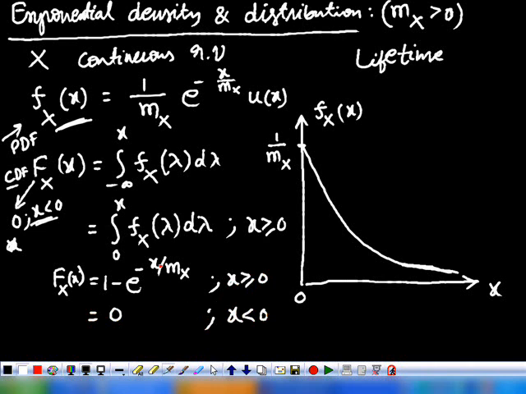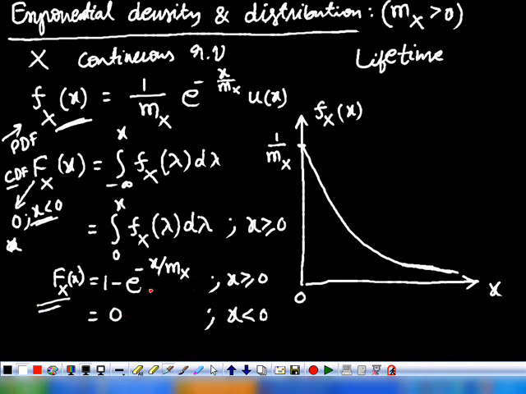When x is infinity, it becomes 1. That is, it reaches the maximum value 1 at infinity. And what is the minimum value? 0. So the property is satisfied. Its value lies between 0 and 1.